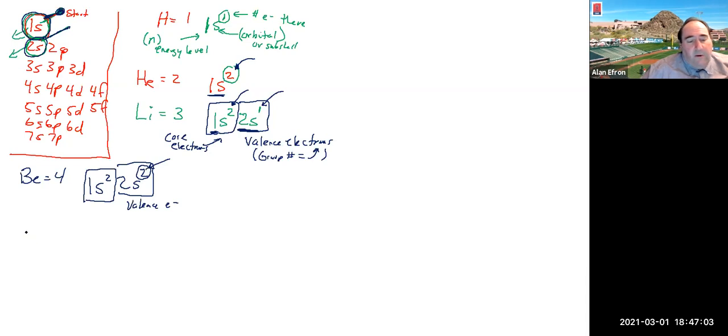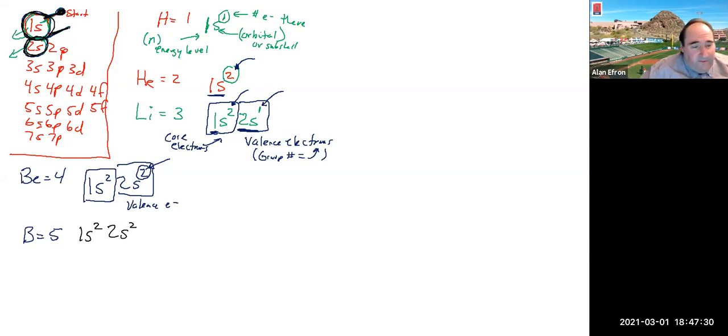If we continue on with boron, which is number 5, again, always start at the top and continue to zigzag here. Starting here, 1s2. Zigzagging back here, we can fill this up to 2s2. We're not done yet, right?